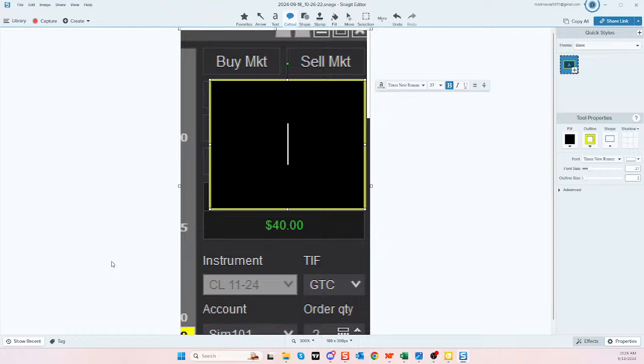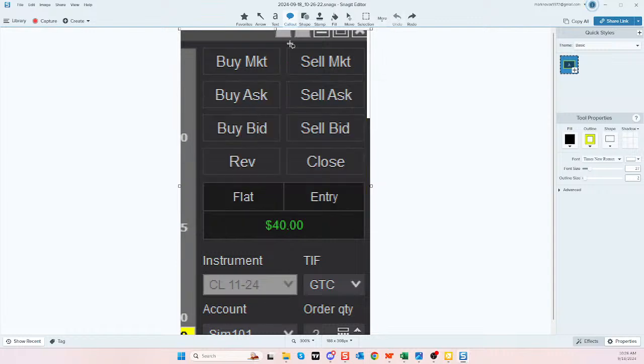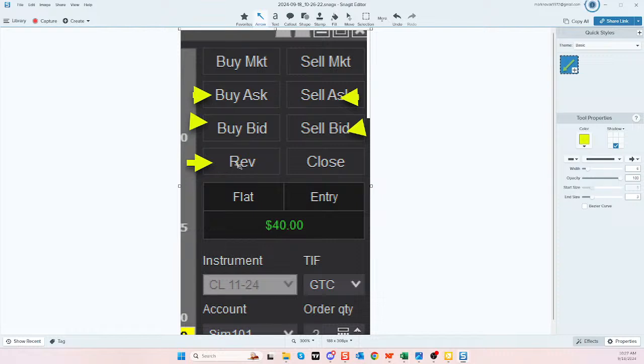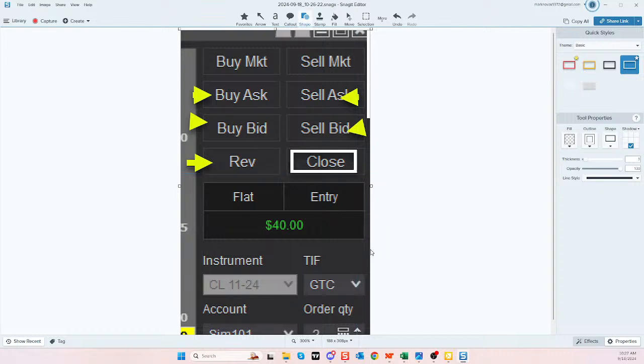I don't know how to use this or that. I never use this. I might use close if I realize that I broke my rules, but none of those need to be used. I'll use a limit order to enter a trend trade, and I might use a buy or sell market when I work myself into those momentum style jump-in trades.